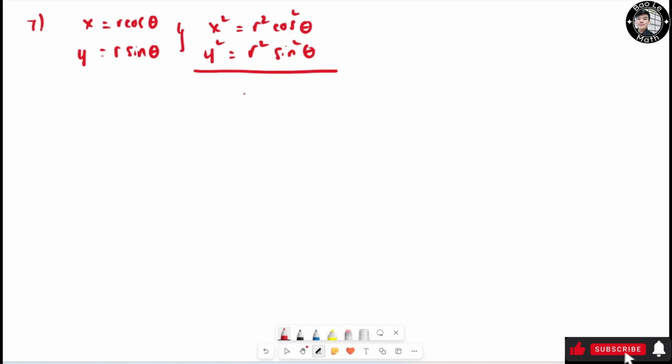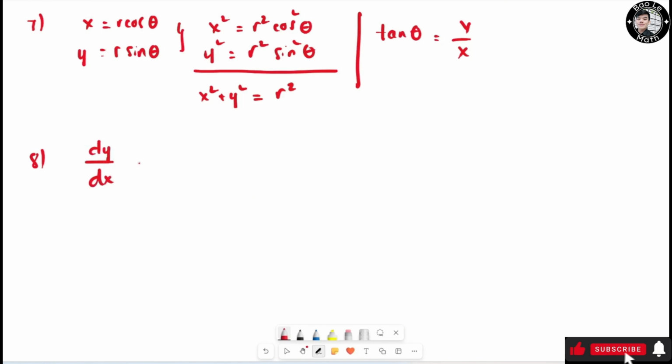If I add these up, x squared plus y squared equals r squared. And remember, tangent theta equals y over x. Number eight, dy over dx equals dy over d theta divided by dx over d theta. Basically, you just divide the top and bottom by d theta.